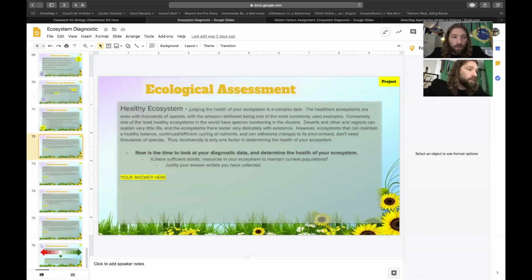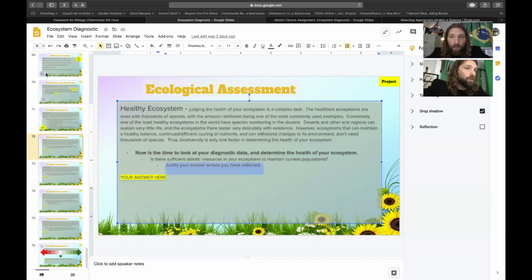So you can see here it says, is there sufficient abiotic resources in your ecosystem to maintain current populations? That's a judgment call. You're going to have to think about how much water resources or how good the soil content was, or all of those things, and you're going to have to justify your answer with the data you collected the weeks prior. So you are doing real science here.